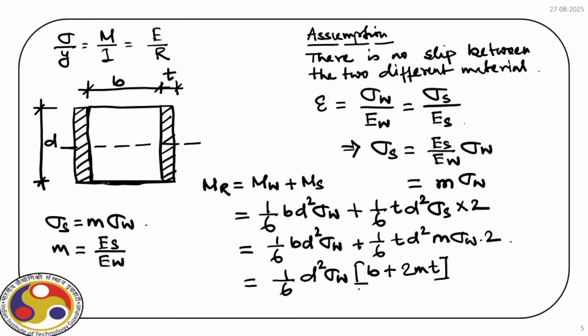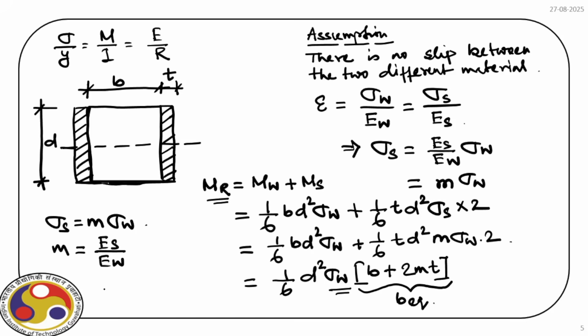This means we convert the composite section to an equivalent wood section. So this is the equivalent wood section, and using the stress developed on the extreme fiber of the wood, we can quantify the moment of resistance. This way we can convert the steel part into equivalent wood, or also we can convert the wood part into equivalent steel.